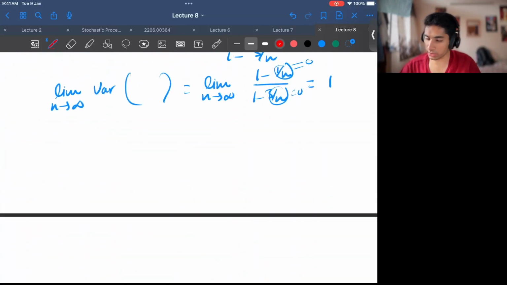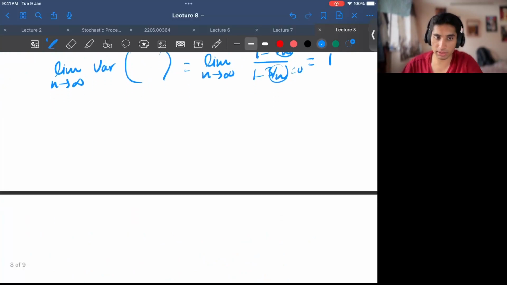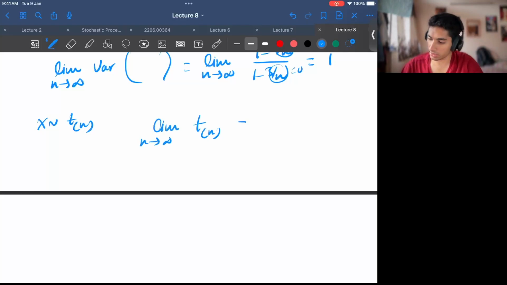Now, for the last statement, you need to remember this property of T distribution, right? Let's take X distributed according to T of n. If you take the limit n tending to infinity of a student T distribution, this thing is equal to normal 0, 1.